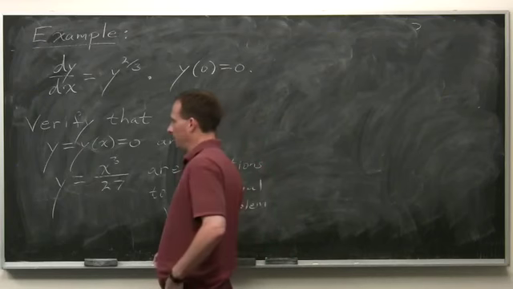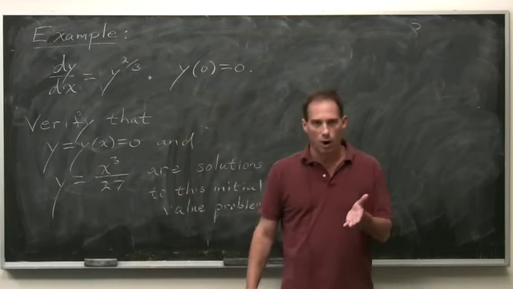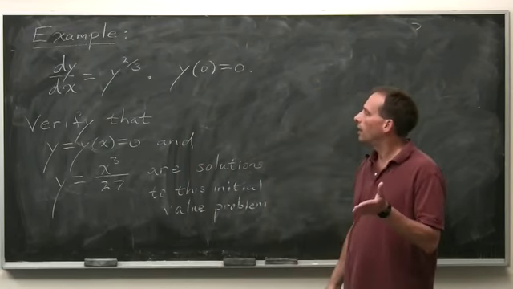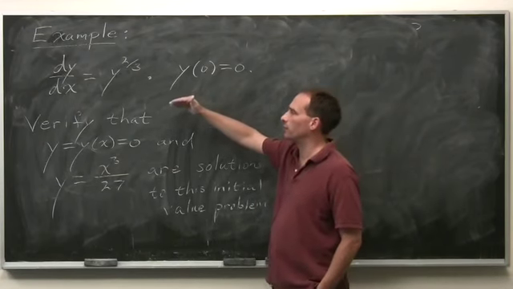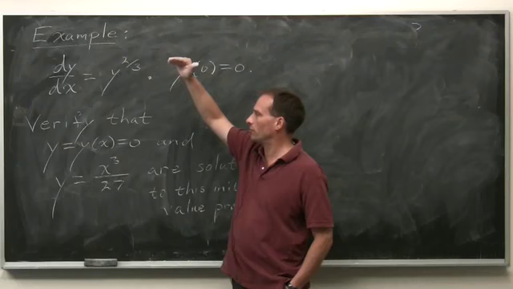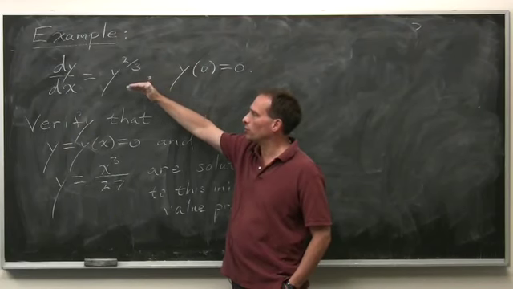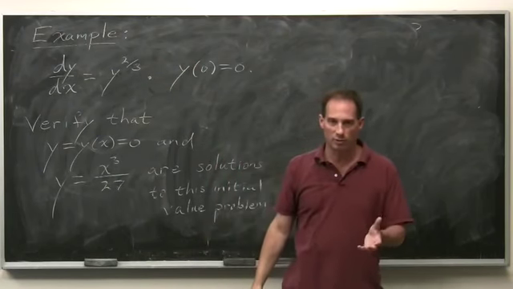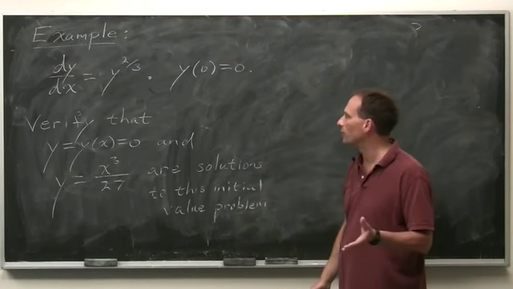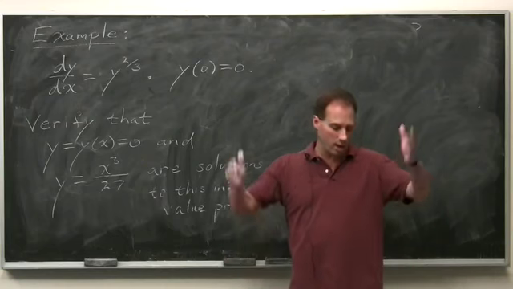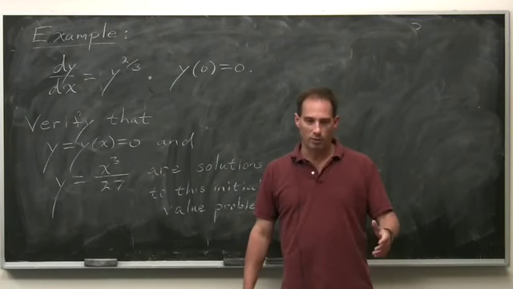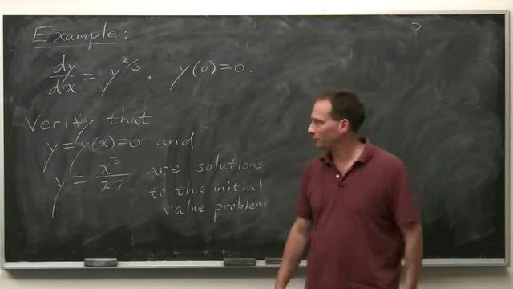Before I do that, let me point out why we care. I said it before, I want to say it again. If this were describing some physical situation, so for some reason you knew for physical reasons that the rate of change of y with respect to x is y to the 2/3, and when x is 0, y is 0, and then you want to know, what is y when x is 5?